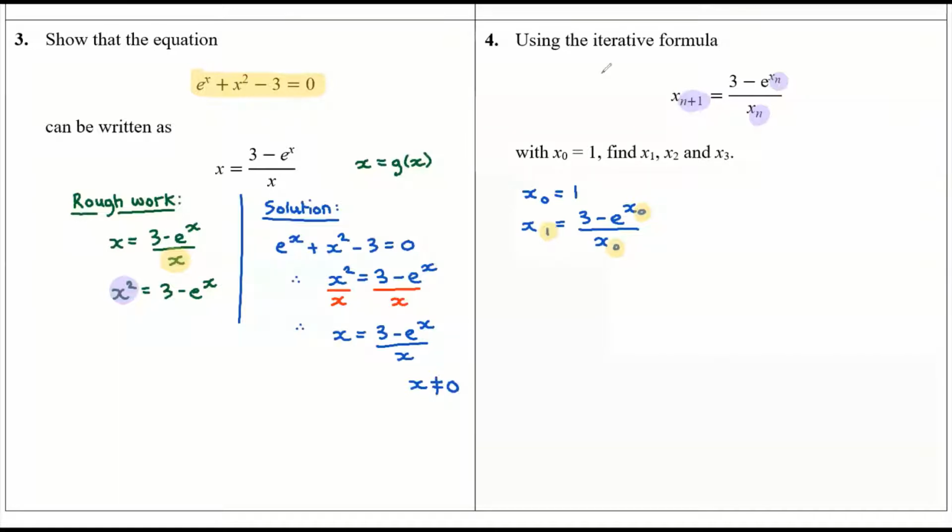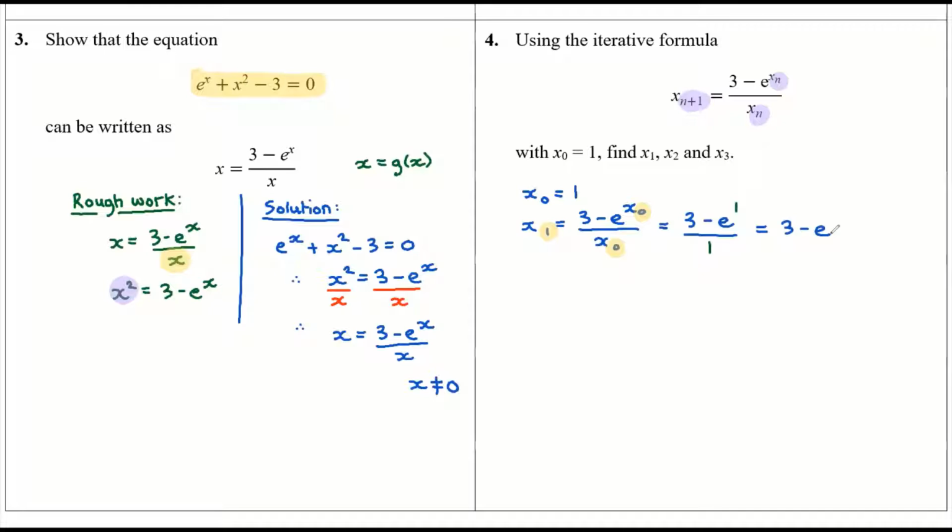So we can now use our x naught. So that's going to be 3 subtract e to the power 1, we'll sub it in, divided by 1. I have to do that in a different colour as well. So divided by the 1. So I can just leave that as 3 subtract e. Leave it exact. Okay, so we've got that.